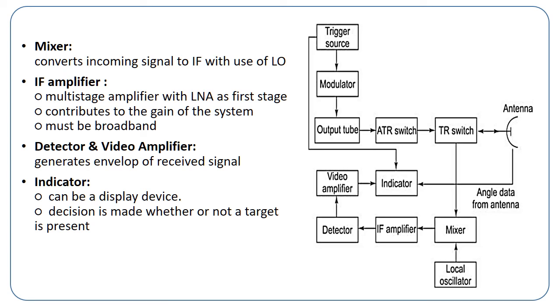The threshold is set so that the rate at which false alarms occur due to noise crossing the threshold is below some specified tolerable value. So this completes the discussion of pulse radar.